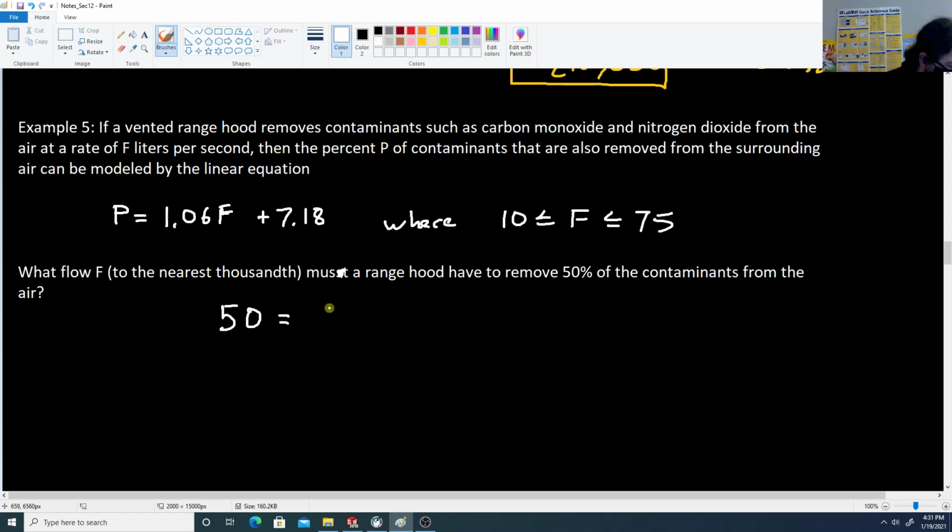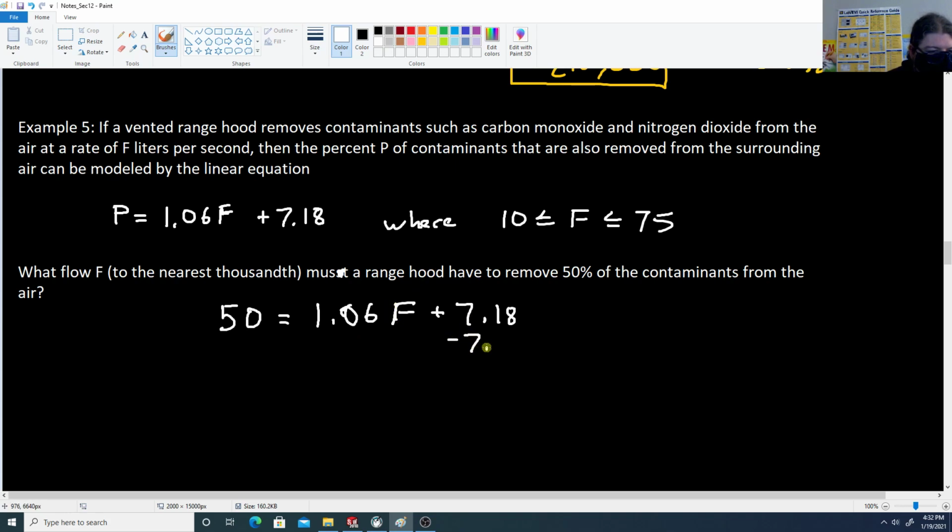I want 50% of the contaminants removed. So I'm just going to replace the percentage with the percentage I want. And now that I have that plugged in, I can solve the resulting equation back to figure out the flow rate.